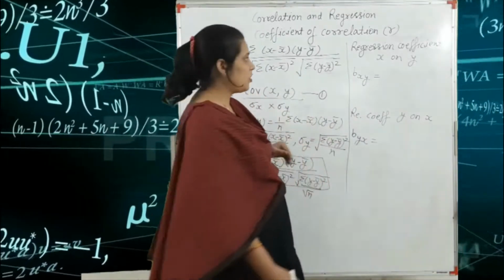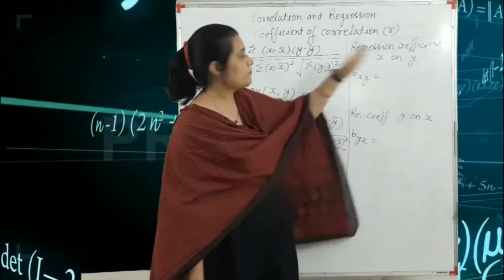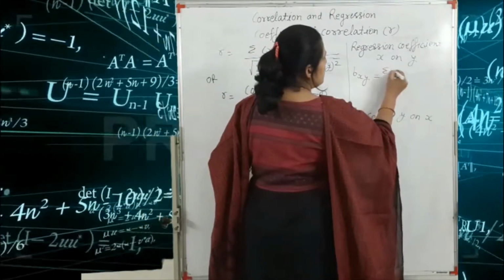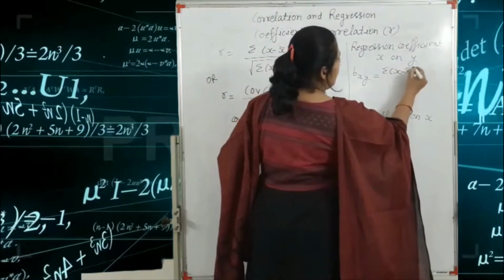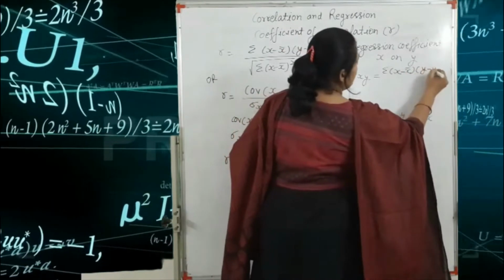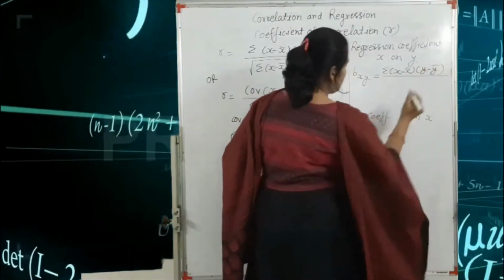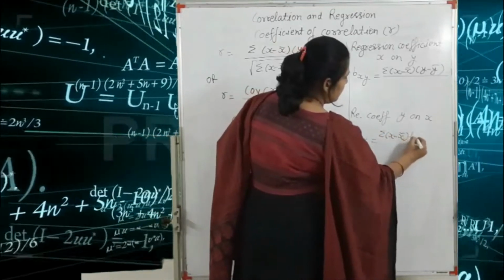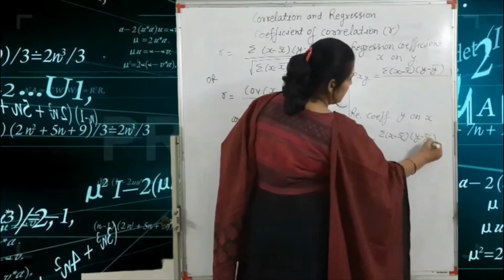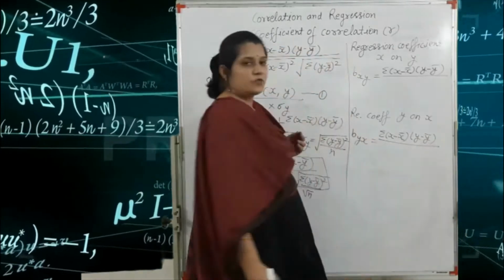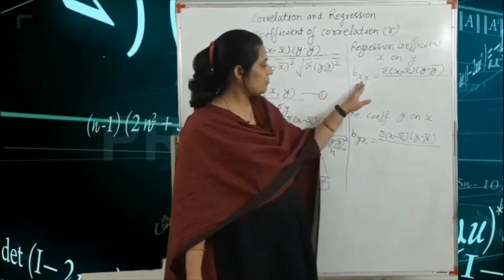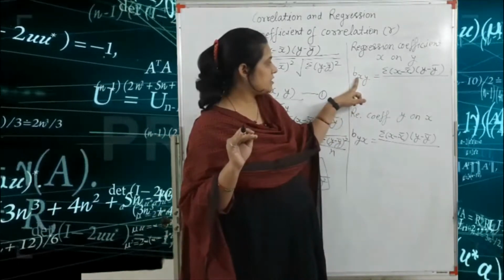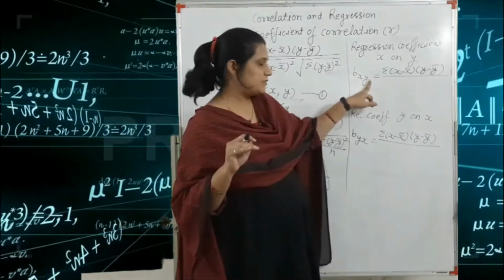So what is the formula? The numerator is the same as in the correlation coefficient: summation (x minus x bar) into (y minus y bar). In the denominator, it depends on the last variable, the right side variable. For bxy the first variable is x and the last variable is y.